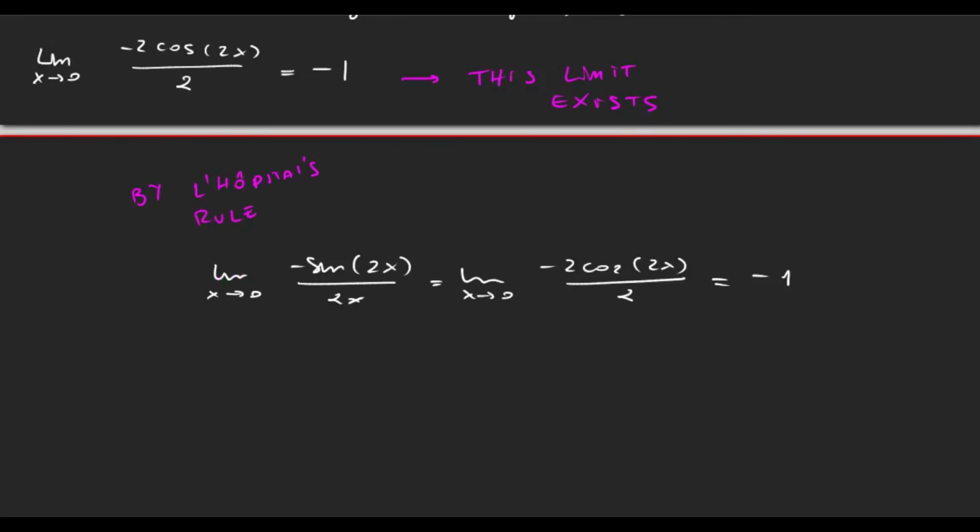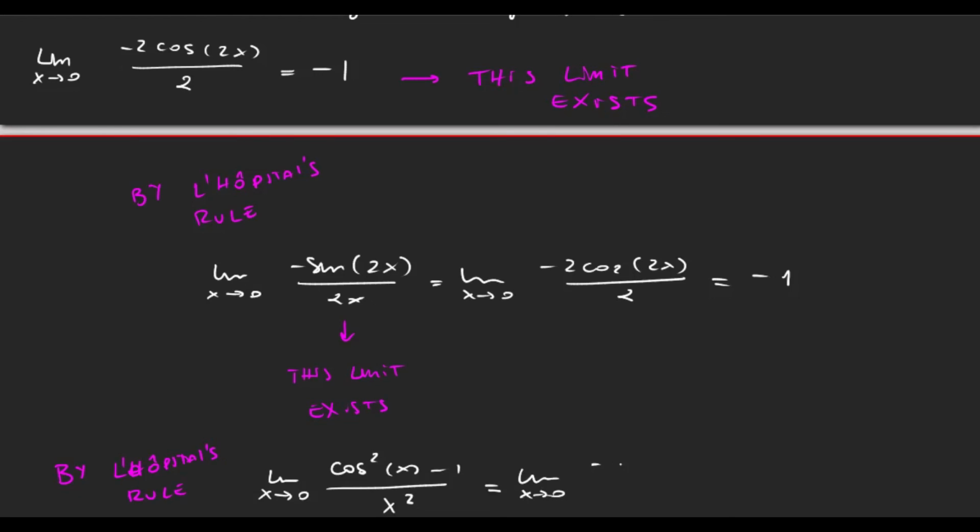So with this we say, hey, this limit exists. Then again, by L'Hopital's rule, our original limit, that is the limit when x tends to 0 of cosine squared of x minus 1 divided by x squared, is equal to this other limit of minus sine of 2x divided by 2x, and this limit was equal to minus 1.